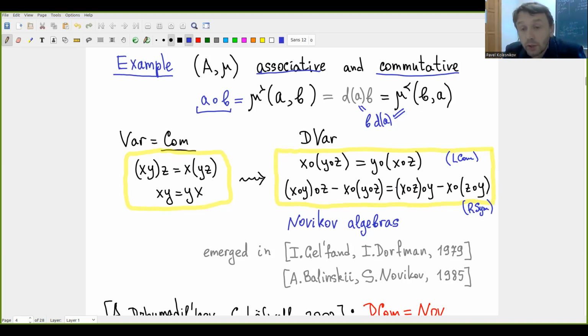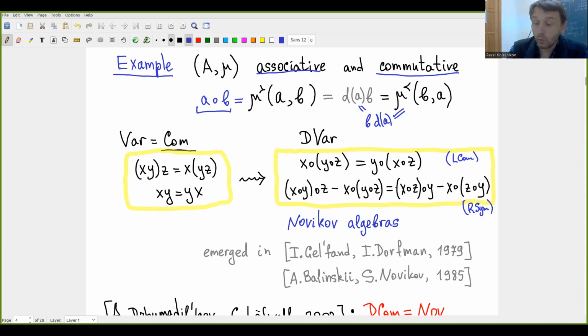The class of Novikov algebras actually emerged in 1979 in a paper by Gelfand and Dorfman related with formal Hamiltonian calculus. And then it also appeared in a paper by Balinsky and Novikov related with Hamiltonian formalism for partial differential equations.